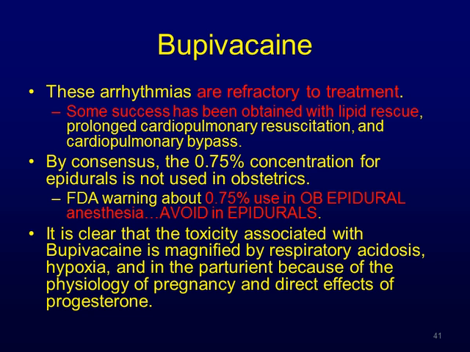The volume of a spinal is 2 cc's. The volume of an epidural is 20 cc's on average. So if I'm delivering bupivacaine at 0.75% concentration, that's 7.5 milligrams per cc. So what's 20 times 7.5? It's 150 milligrams. That's a high dose.